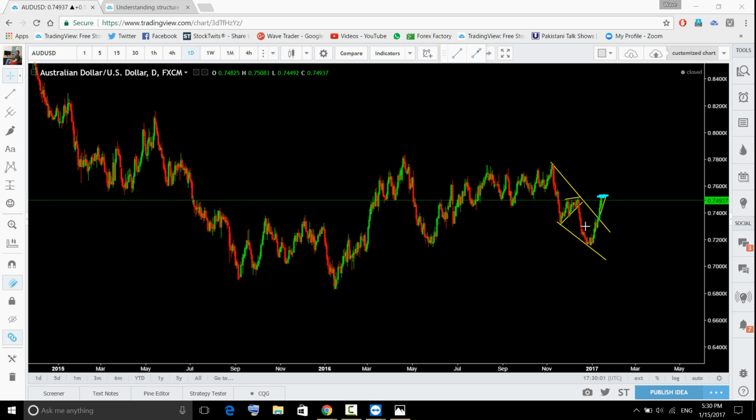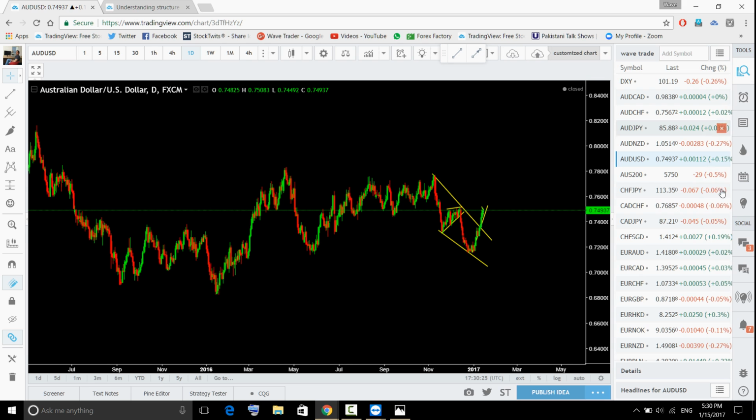Indications are saying that it is going to go down. For the upside it has to form a trend continuation pattern, and if so, then we will look for the upside. If I see any trade setup on this pair, I'll update about it.